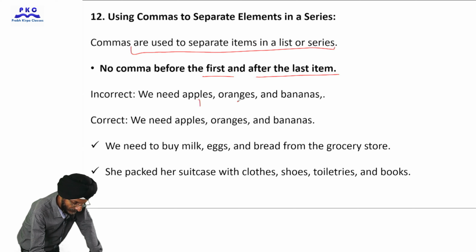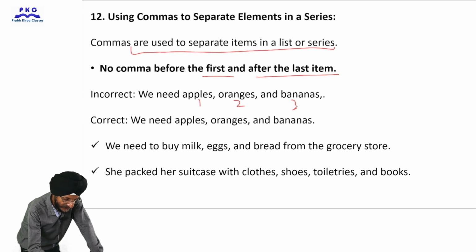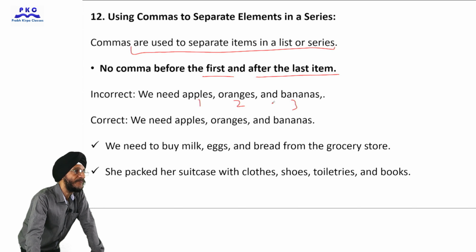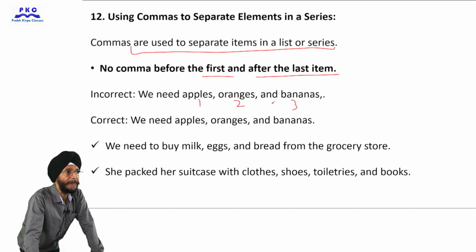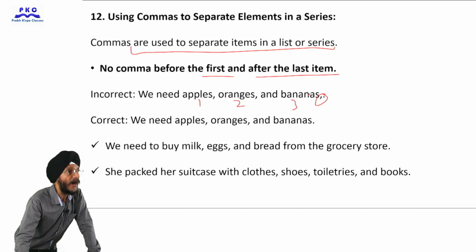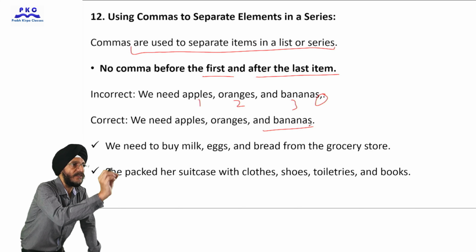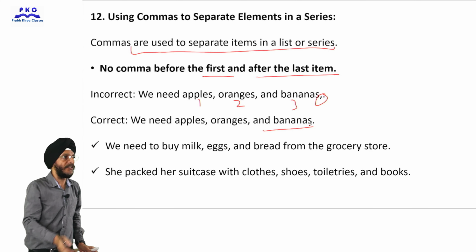Apples is the first item, oranges is the second, bananas is the third item in the list. This is a list which contains three items. And if we insert a comma after the last item, it is wrong. Correct is we need apples, oranges and bananas. Do not insert a comma after the last item.